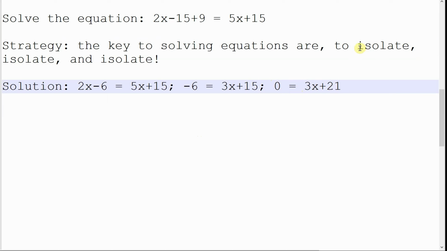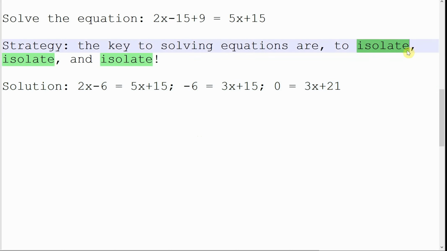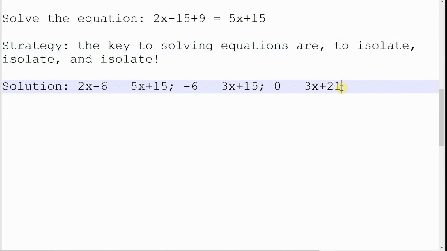And we are told that isolating means to put the constants on one side and the variables on the other side. So what we do now is subtract 21 from both sides. That gives us 0 minus 21, negative 21, is equal to 3x.